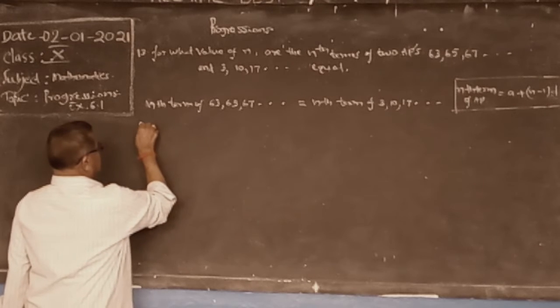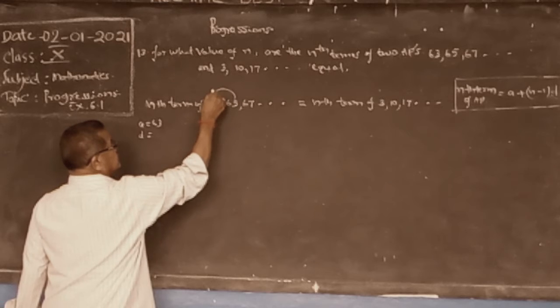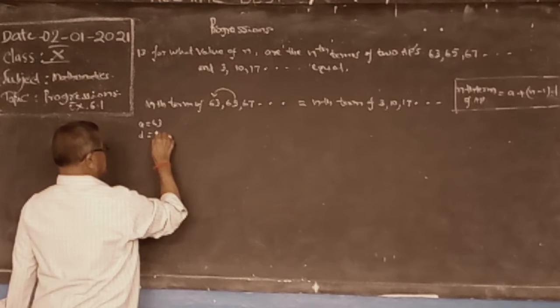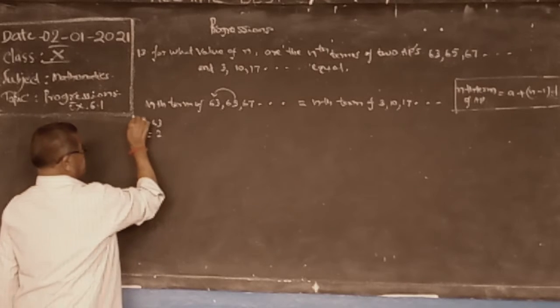Now here A equal to 63, and the common difference is 65 minus 63, which is 2.